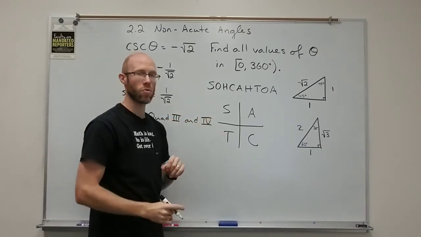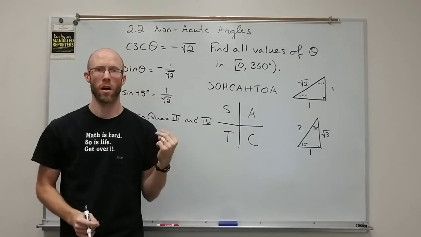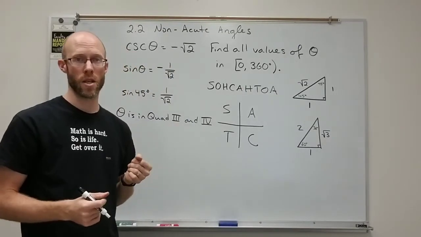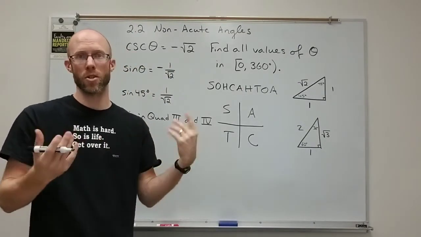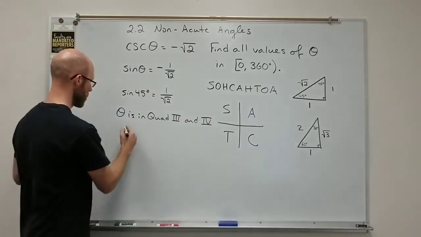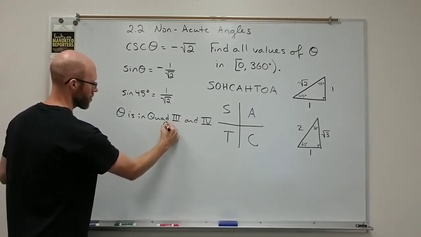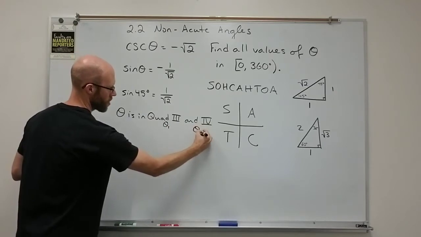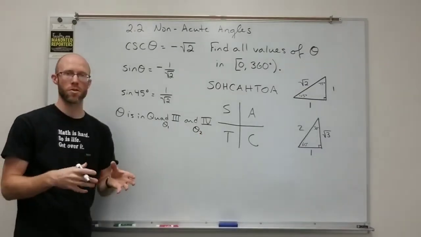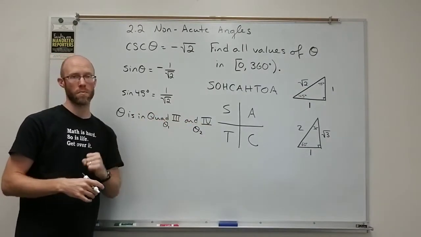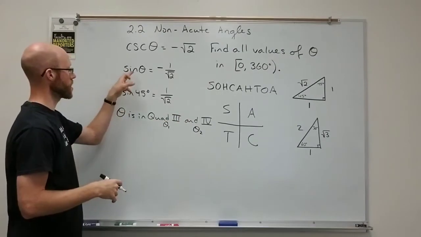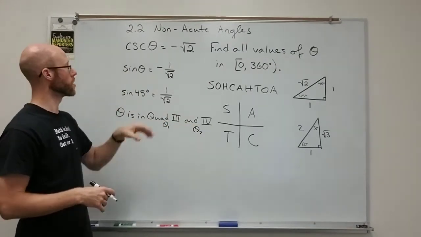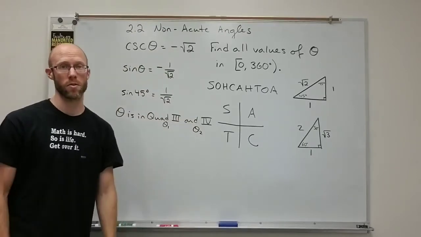In fact, there's going to be two such angles, theta. So we'll call this one theta 1 and this one theta 2. So there's two different angles. One of them's in quadrant 3, one of them's in quadrant 4 because the sine is negative in both of them, and therefore the cosecant will be negative in both quadrants.